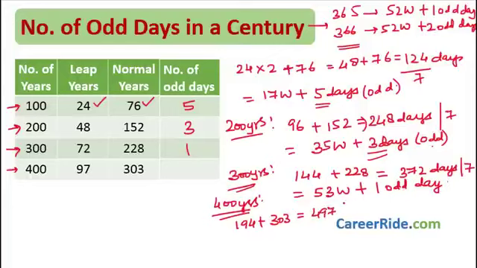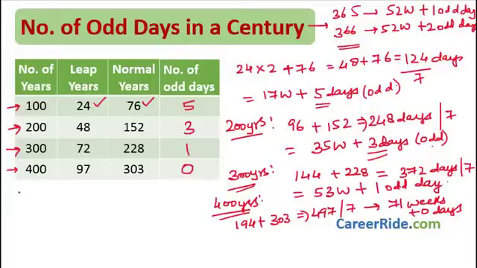And when I try to divide it by 7, I get how many weeks and days? I get just a whole number, that is 71 weeks, and there is no remainder, 0 days. So in a period of 400 years, there are 0 odd days, right?